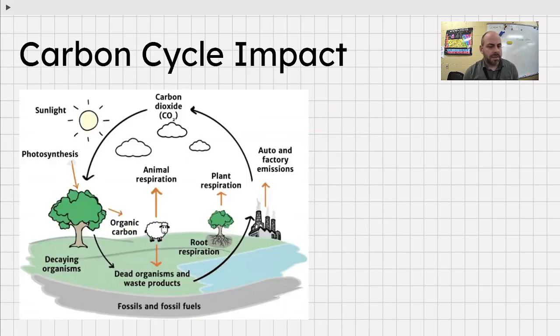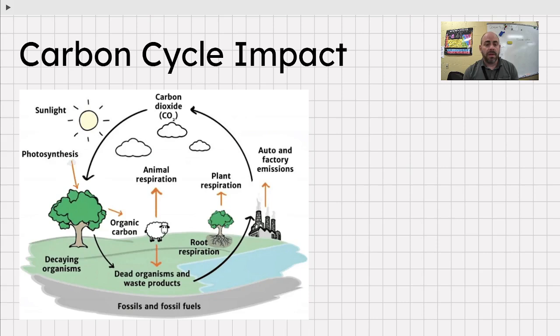So let's look at the carbon cycle impact. Trees, specifically forests generally, act as carbon sinks, right? Carbon dioxide is the main component of photosynthesis, and carbon dioxide is something that is not good for most animals, and trees need it to do photosynthesis and make glucose for those of us who like to eat, and it's a good thing.